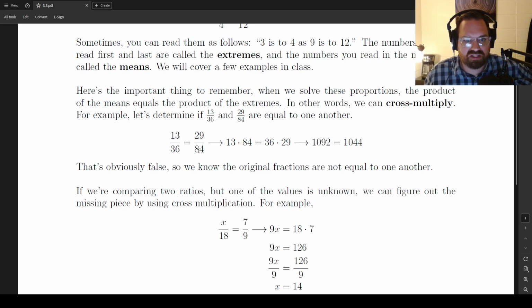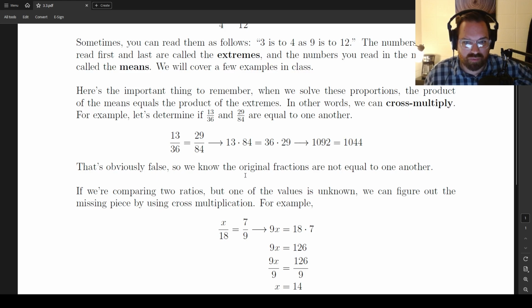So 13 times 84, 36 times 29, we compare these two numbers. And as a result, you'll notice that these numbers are not the same. So this is a false proportion. These are not equal proportions because one ends up being larger than the other one.